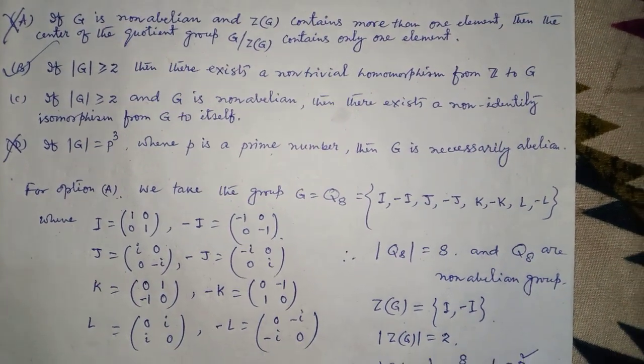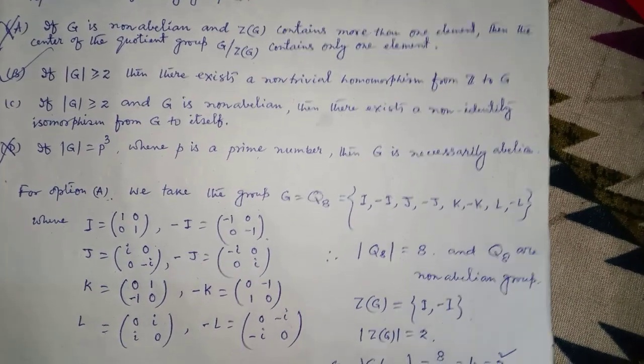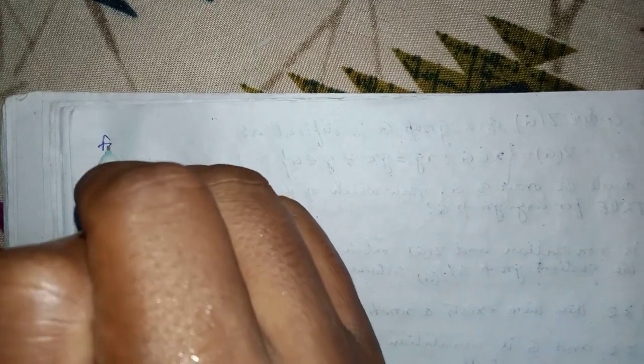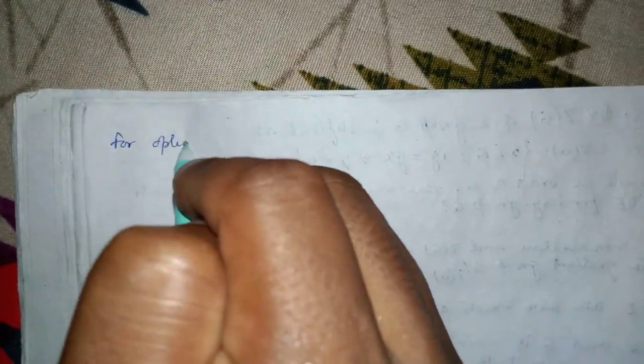For option C: if the order of G is greater than or equal to 2 and G is non-abelian, then there exists a non-identity isomorphism from G to itself.